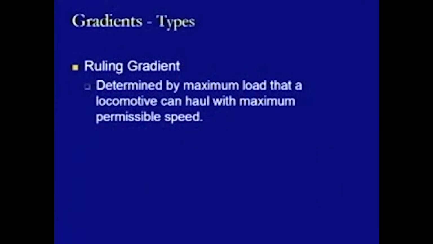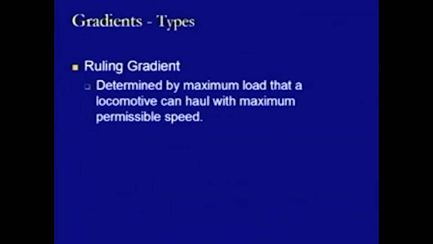So, it is determined by the maximum load that a locomotive can haul with maximum permissible speed. So, we are not interested in the reduction of the speed, we are not interested in the reduction of the total load which is to be carried, but at the same time the locomotive should be able to traverse that rise or fall along with both the constraints.